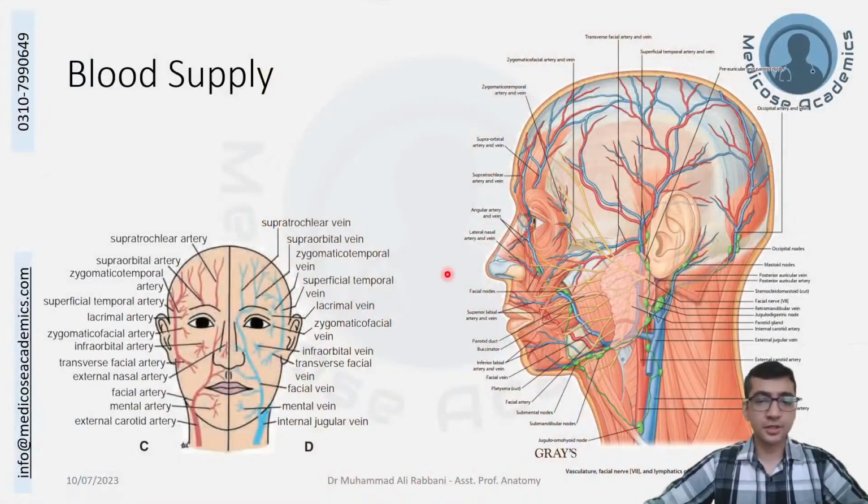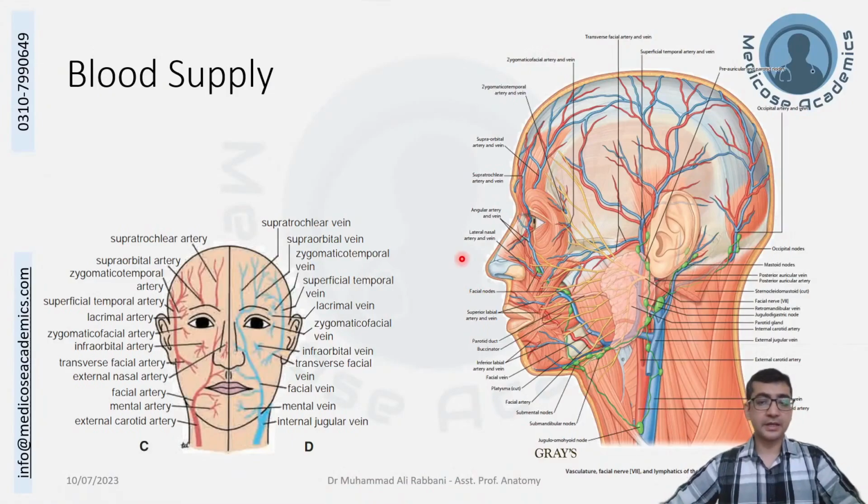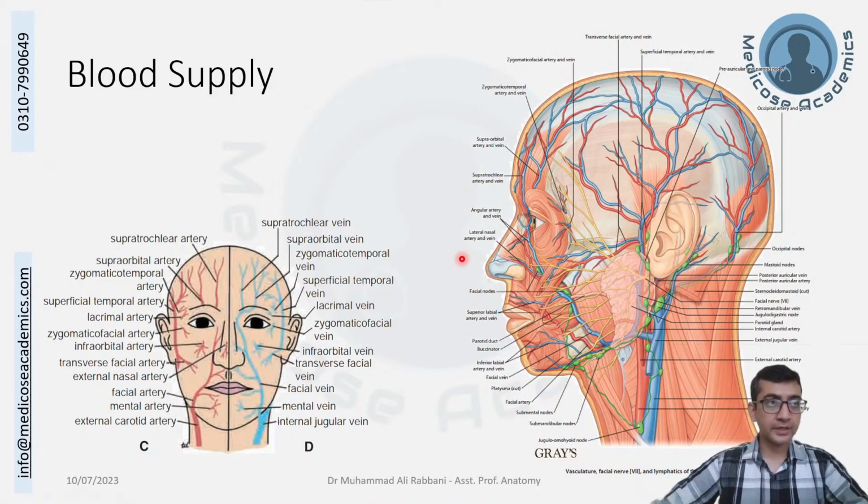So this is all the discussion about the arteries of the face. Apart from it, there are arteries that are exiting the orbit along with all the nerve branches, and those will have the same names. The one exiting along with the supraorbital nerve will be the supraorbital artery.